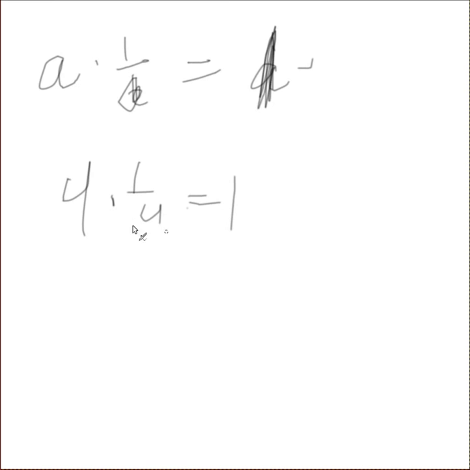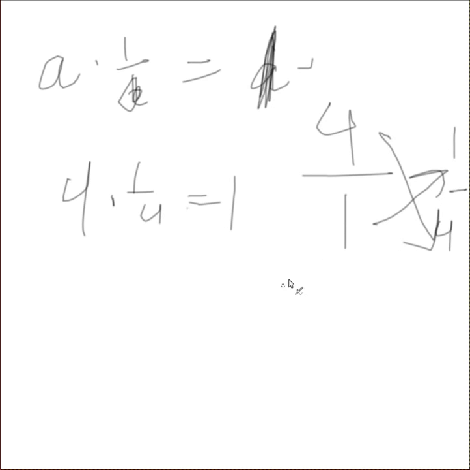You can find a reciprocal by literally just flipping the numerator and the denominator. So 4 over 1, which is 4, flip the whole fraction. So the numerator becomes the denominator and the denominator becomes the numerator. So the reciprocal of 4 over 1 is 1 over 4. So you can check: 4 times 1/4, that's 1.